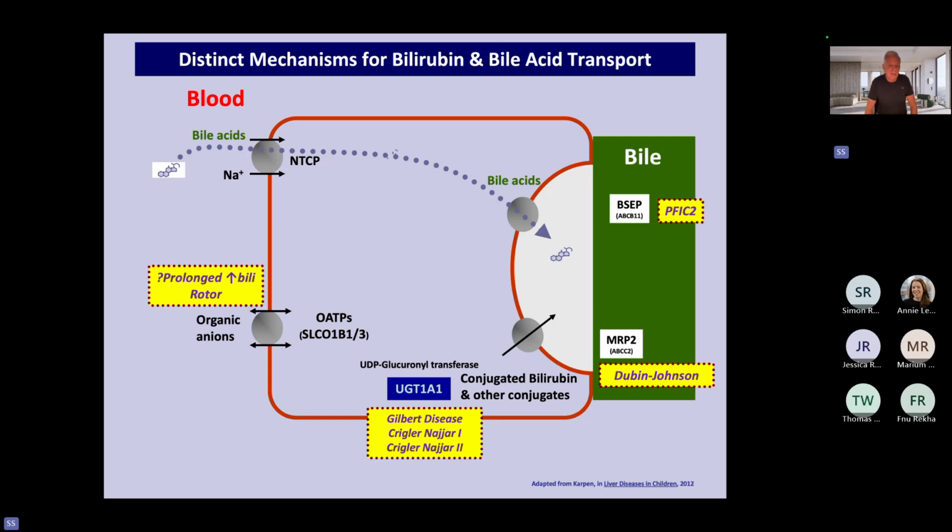And then bilirubin is very interesting in terms of the problems associated with it. We have various levels of functioning of UGT1A1. We can have a problem in the promoter region of UGT1A1, and mutations in that gene are associated with Gilbert disease.